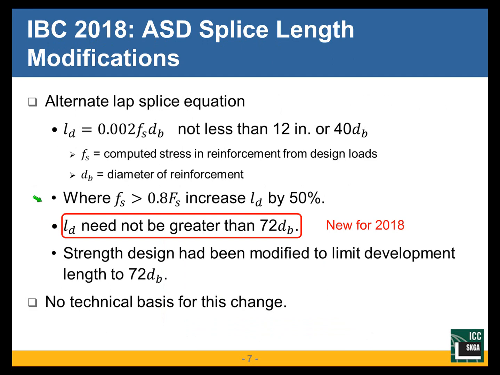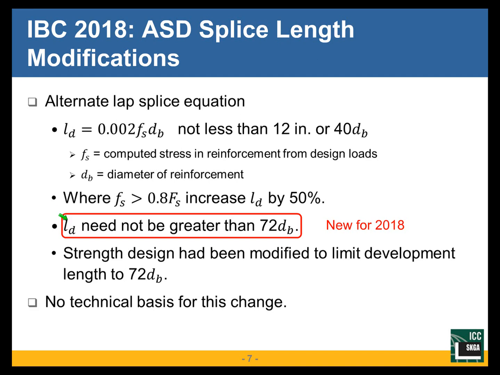There are also some alternate lap splice equations in IBC 2018 that can be used in lieu of the TMS 402 equation. In strength design, the splice length of a lap splice did not need to be greater than 72 bar diameters.